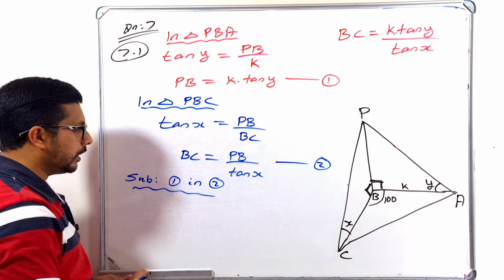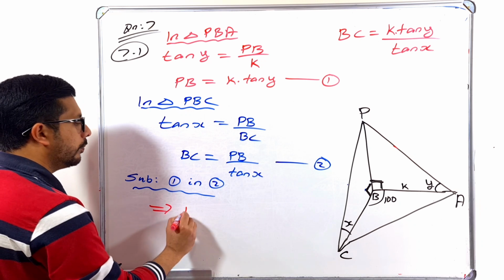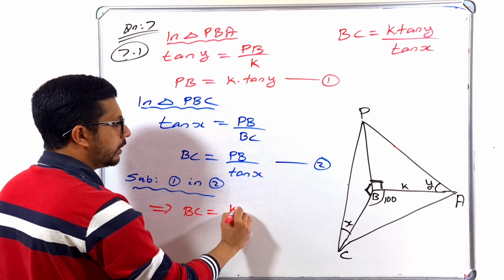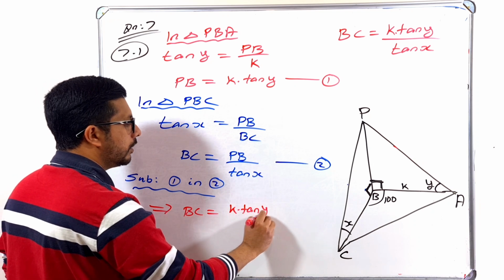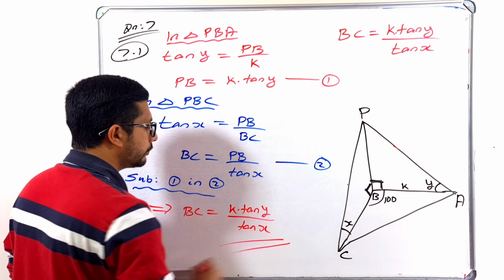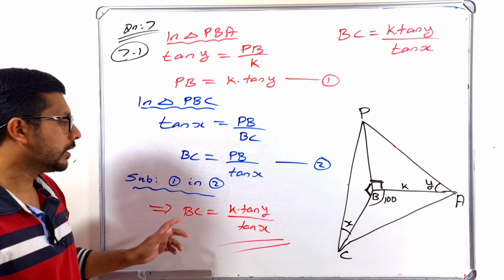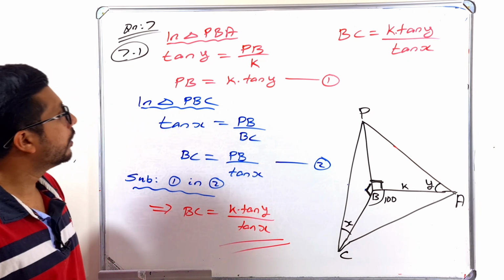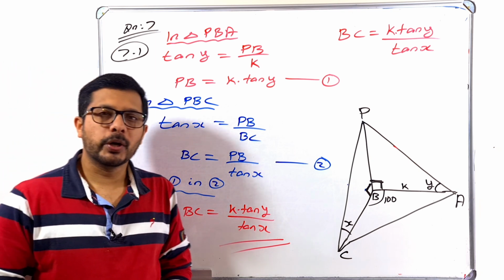It implies that BC is equal to K tan y divided by tan x. Okay, so that is question number 7.1.